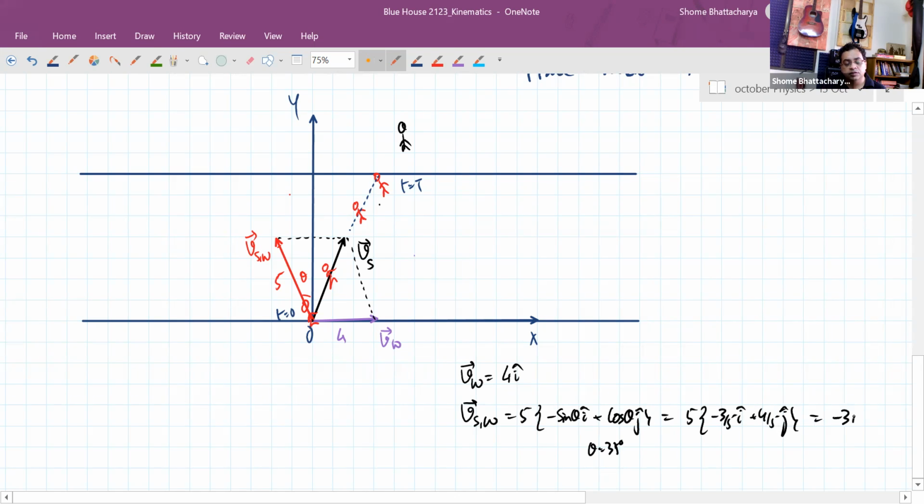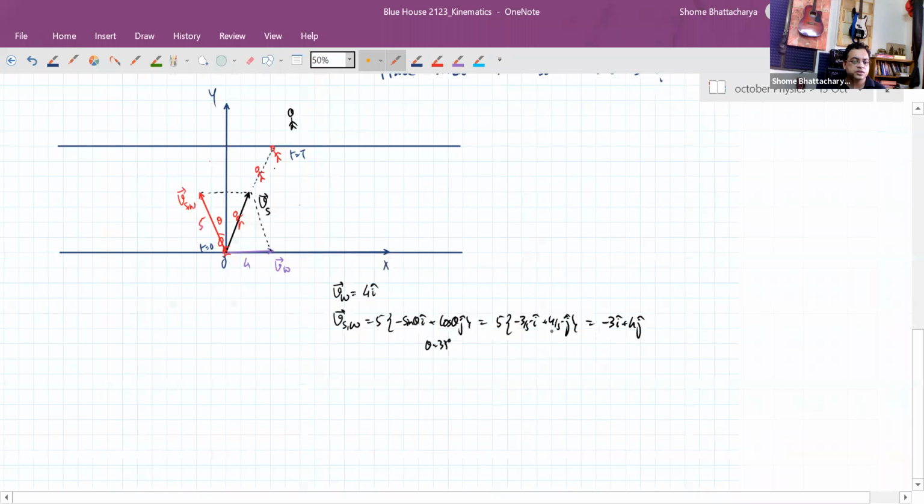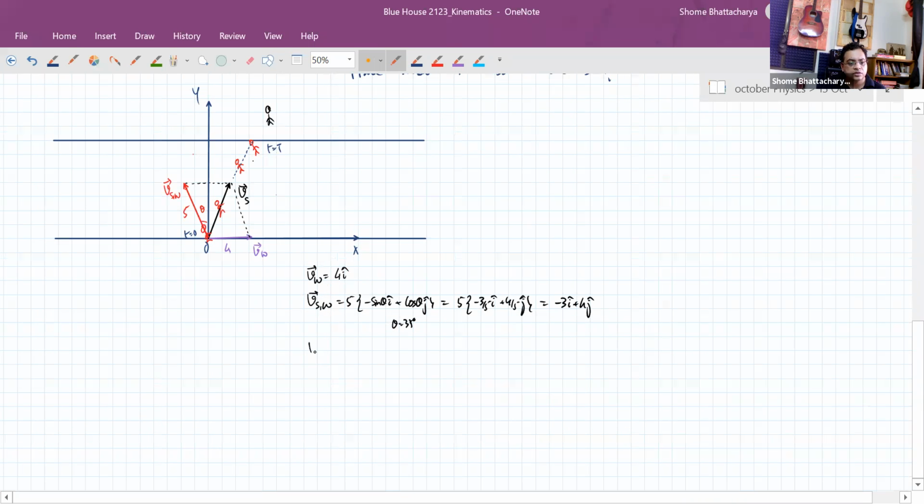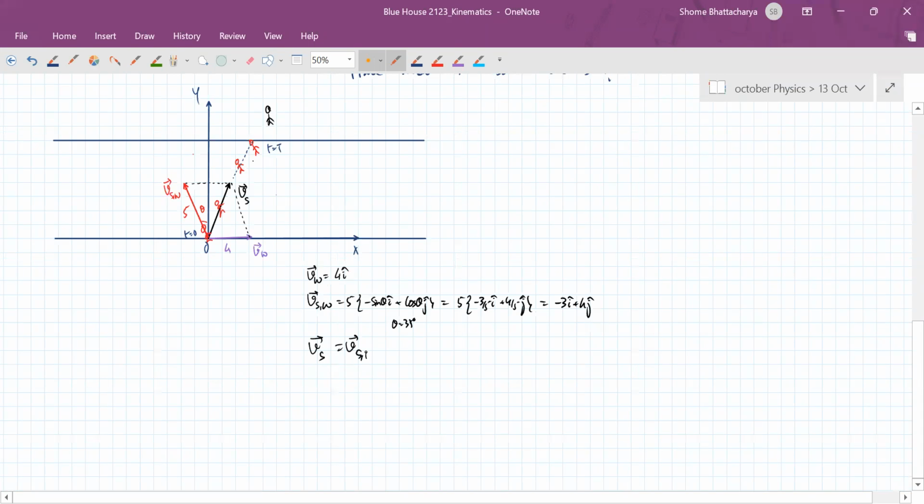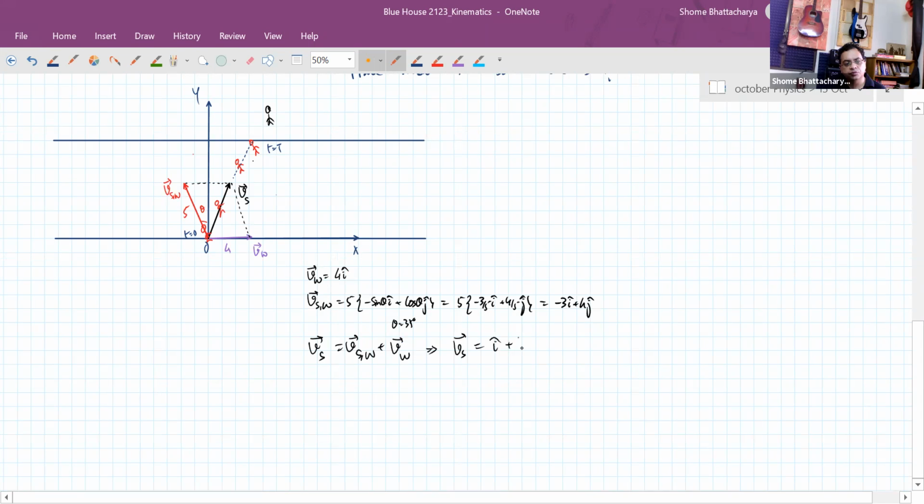As you can see, he is not able to cut the drift, because the velocity of the water is +4 and this is -3. So the net velocity of the swimmer in the ground frame, the sum of the relative velocity plus this, is i cap plus 4 j cap.